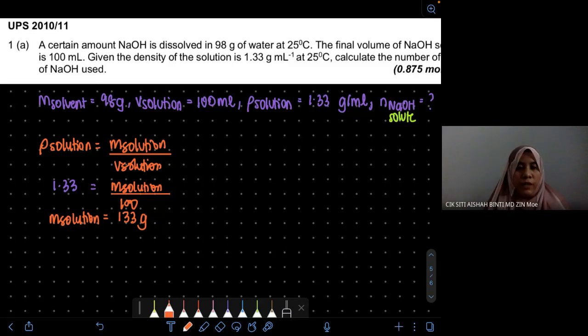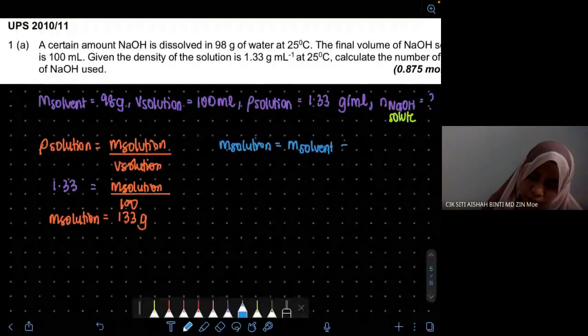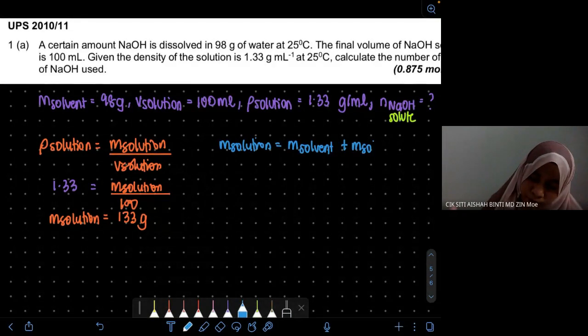Daripada solution, macam mana kita nak cari yang solute tu? Okay, next step, we do have mass solution, we do have our mass of solvent. So mass solution equal to mass solvent plus mass solute.